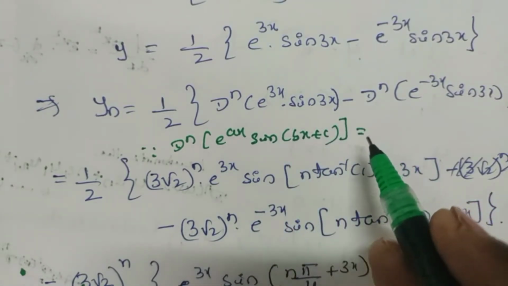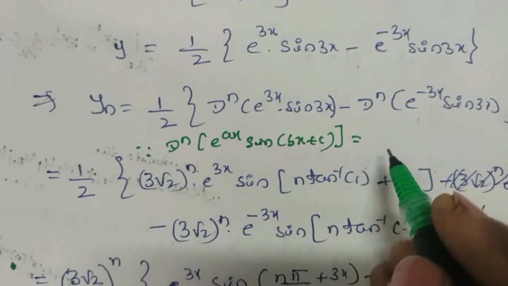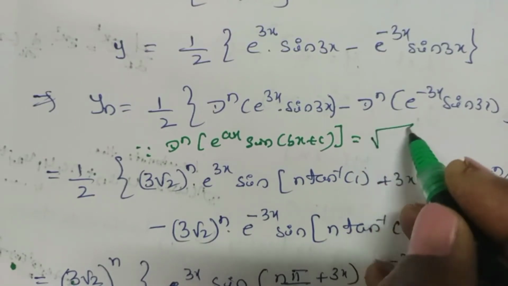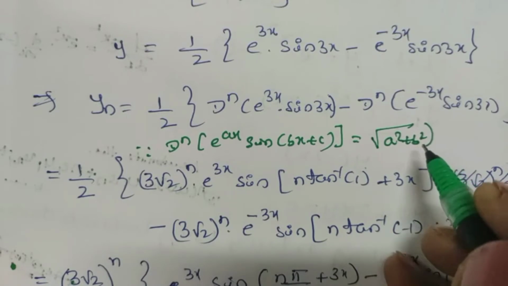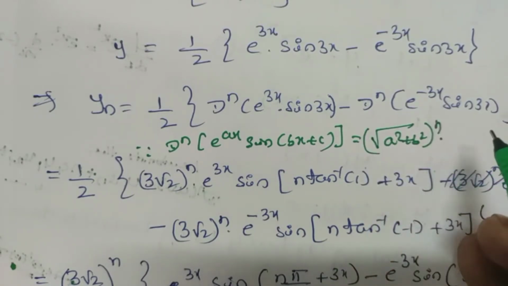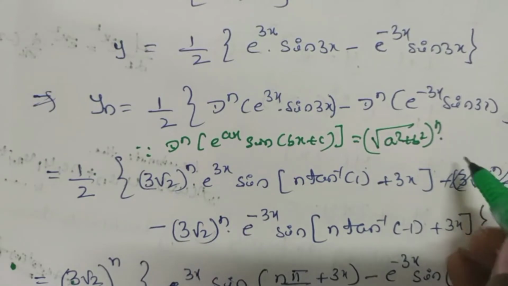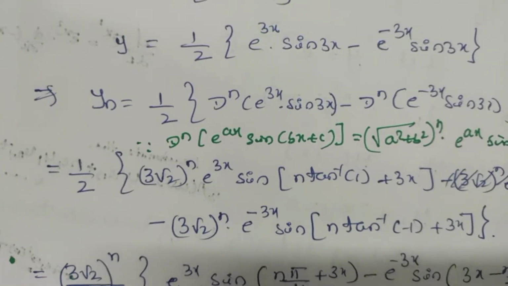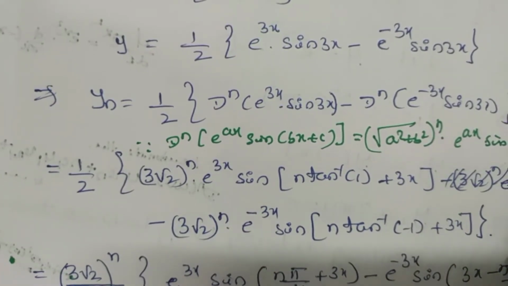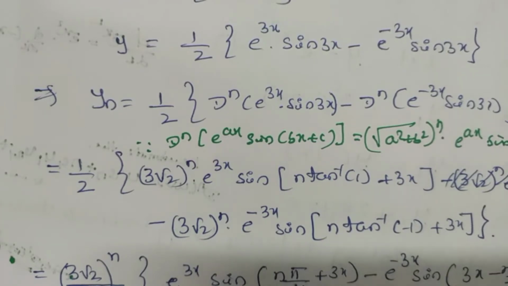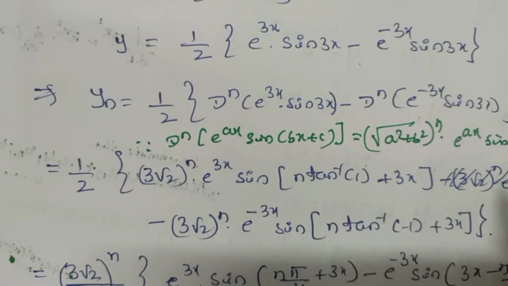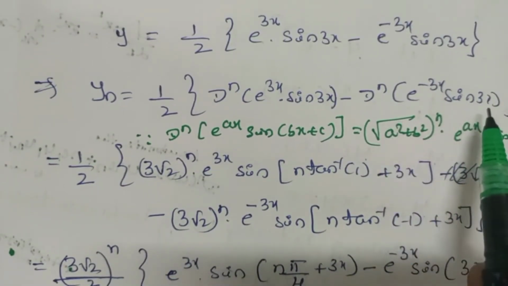We know this is a standard derivation: it is equal to under root of a square plus b square, whole raised to n, into e raised to ax into sin of n tan inverse of b by a, that is theta, plus bx plus c. Whatever the variable may be, we can take it here.